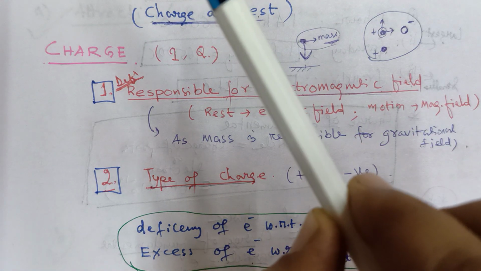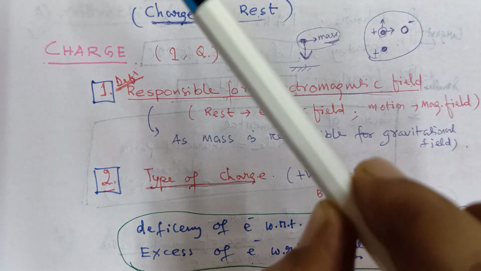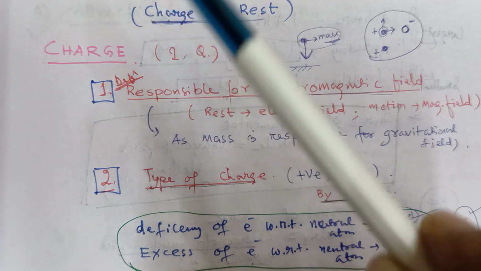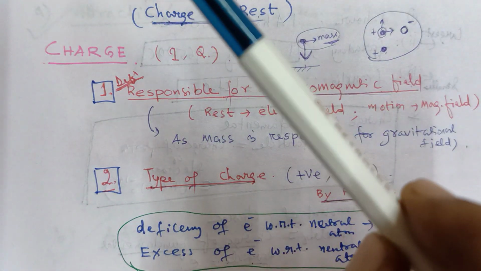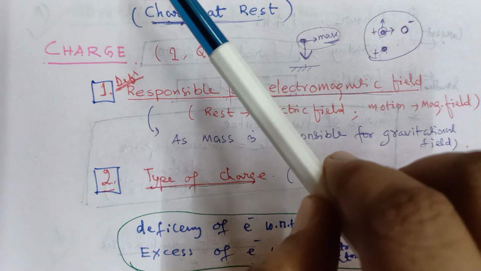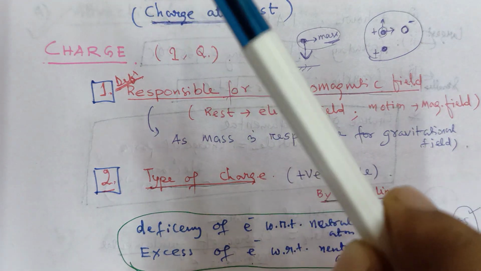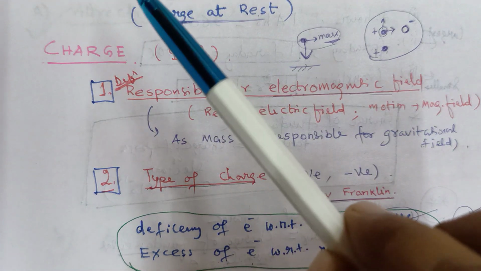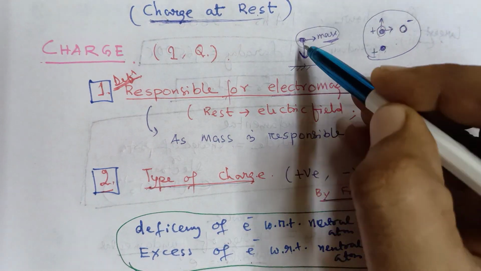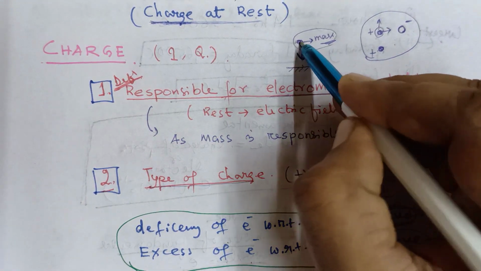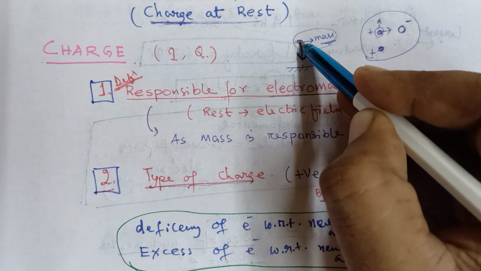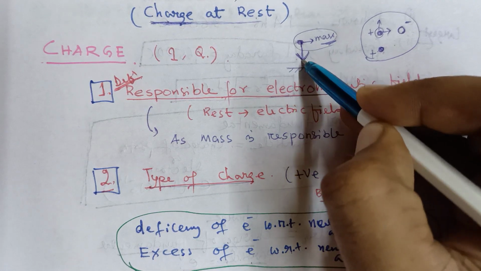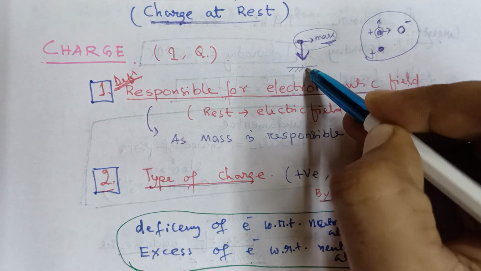Now our question is, what property of the pen makes it fall down or be attracted by the earth? The answer is the pen has mass. Mass is the fundamental property of matter for which gravitational pull due to earth exists.